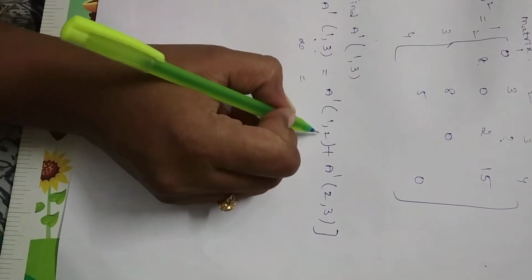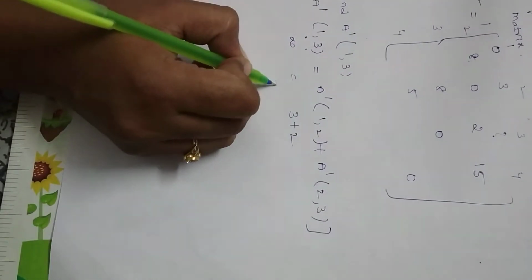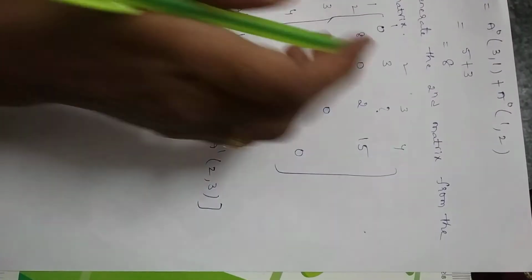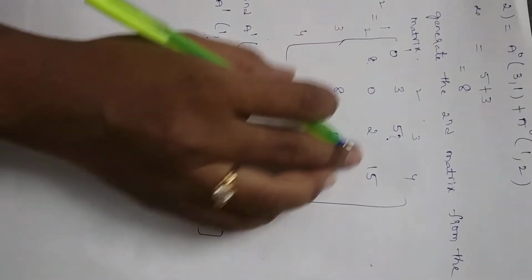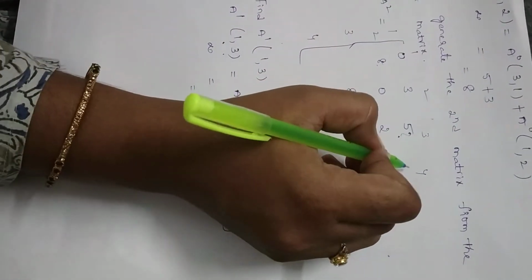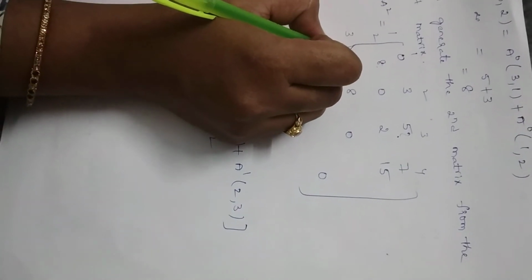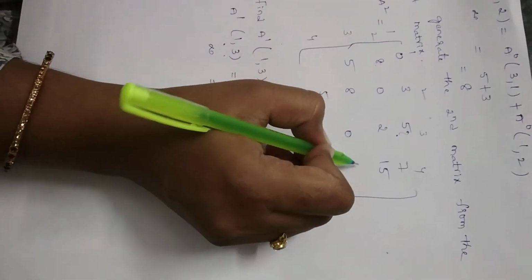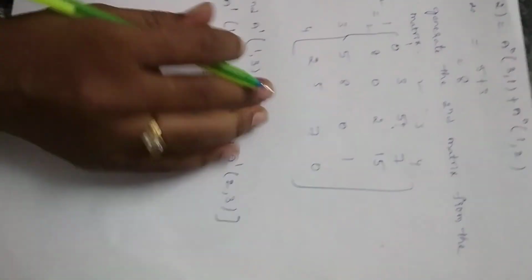The 1 comma 2 value is 3 plus 2, which is 5, and 5 is minimum. So we put the value 5. I hope you understand all the values. So I put the values like 7, next 5, 1, 2, 7, 0.